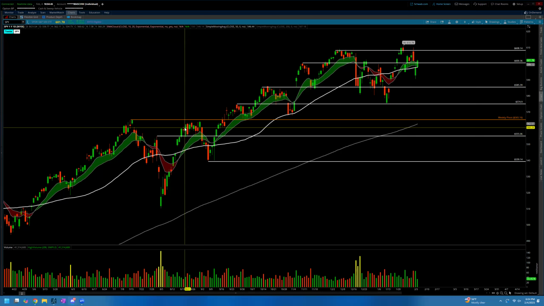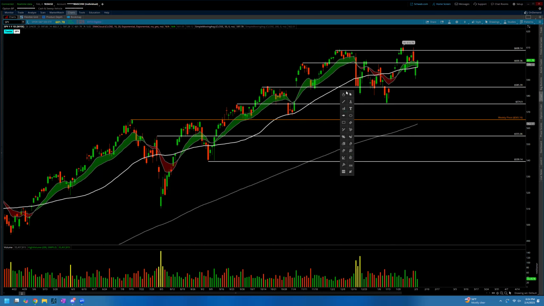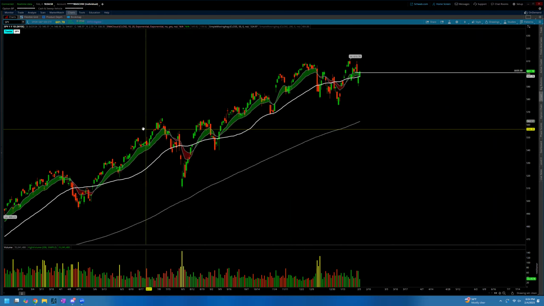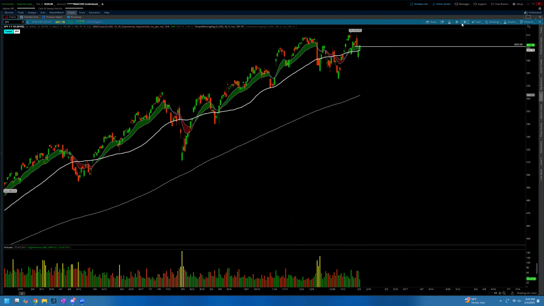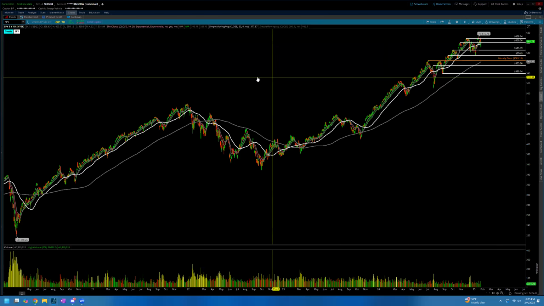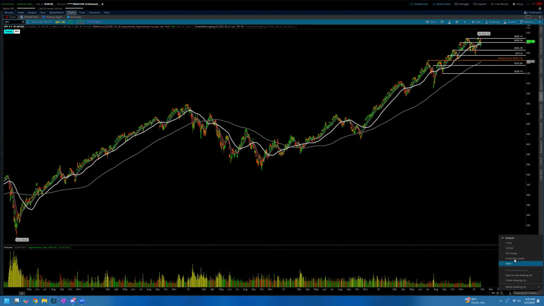Can you have too many support and resistance lines on a chart? Yeah, it's a very interesting question. I would argue the answer is yes. And there's a couple of ways that I think about it. For example, I think it comes down to preference. For me, you'll notice if we go back, I don't have many levels for these lower prices.